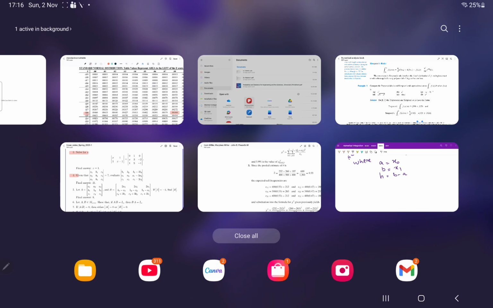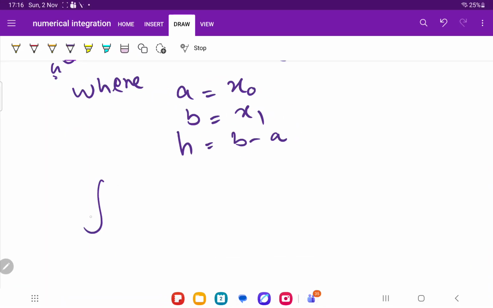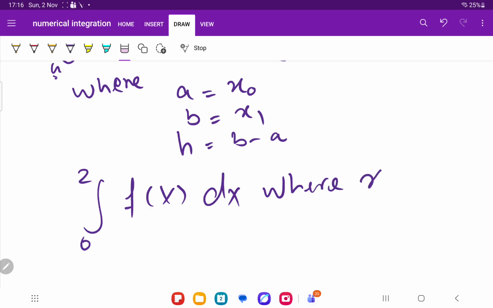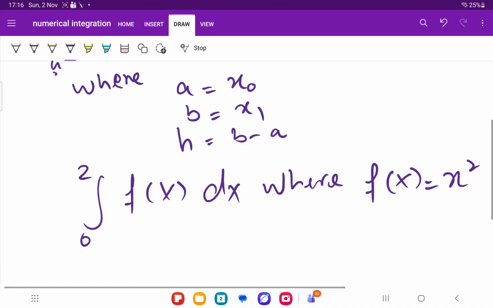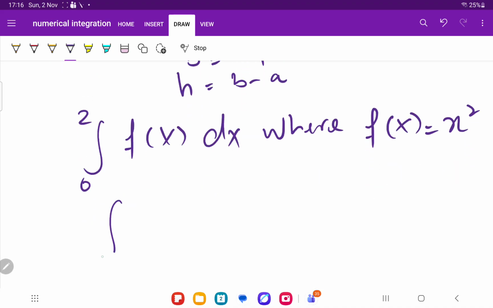We want to approximate the integral of f of x from 0 to 2, where f of x is equal to x square. So we want to approximate the integral from 0 to 2 of x square dx.